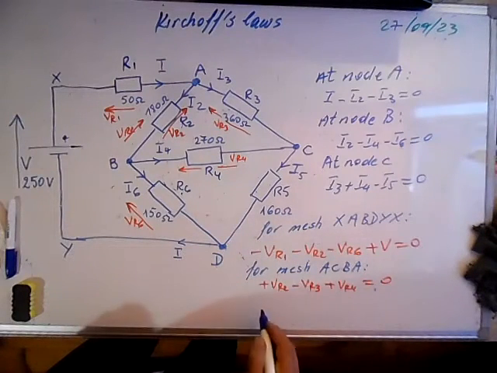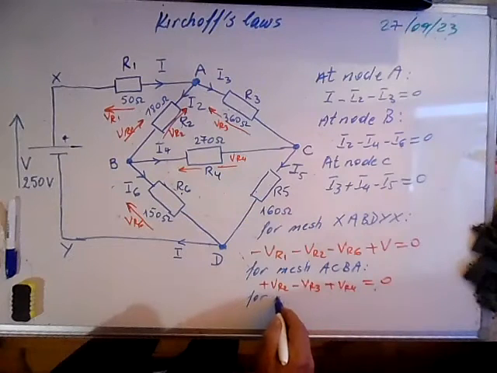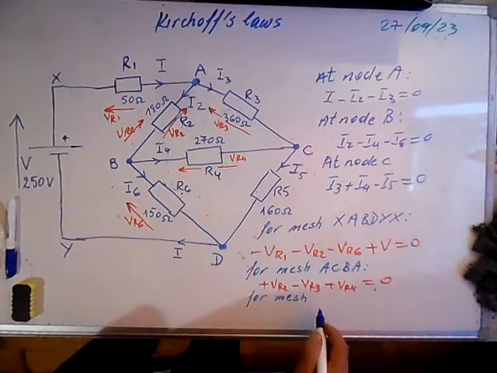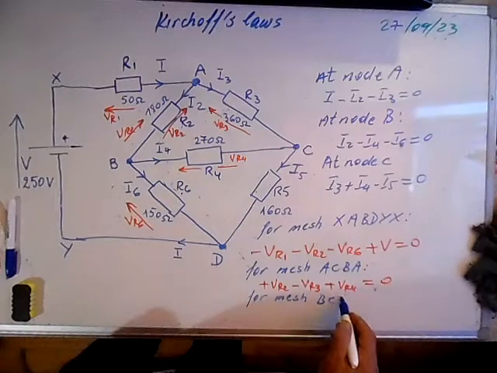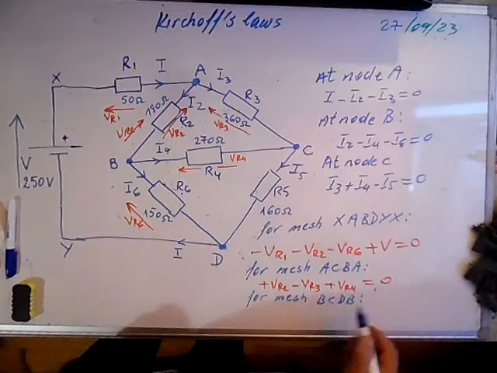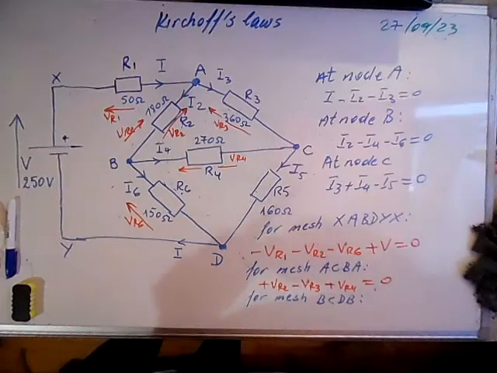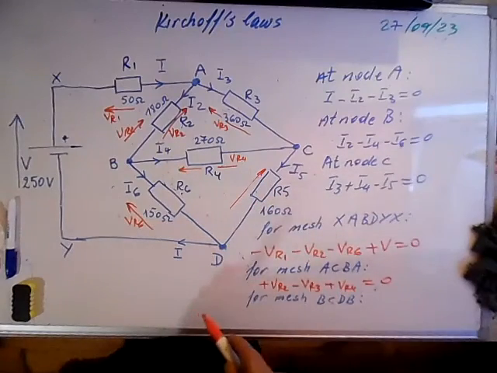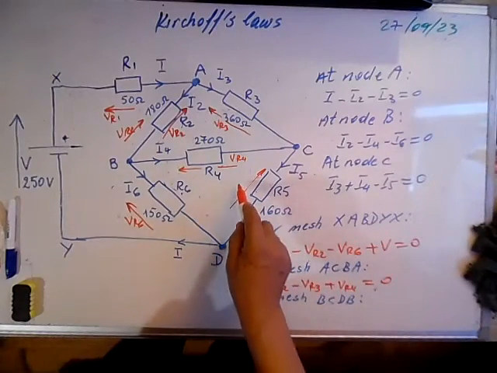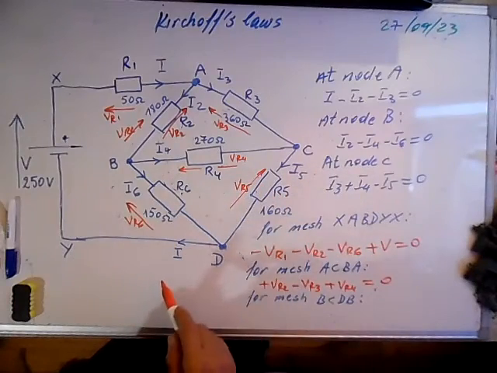Now for mesh BCDB, we can show VR5 is in this direction.